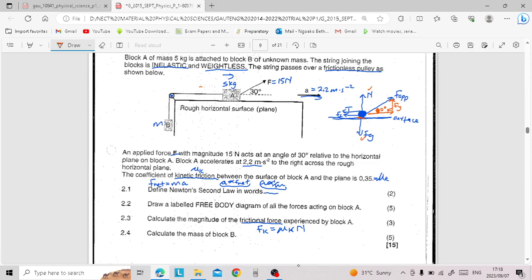Then we add them using a sign convention. We're going to take up as positive.